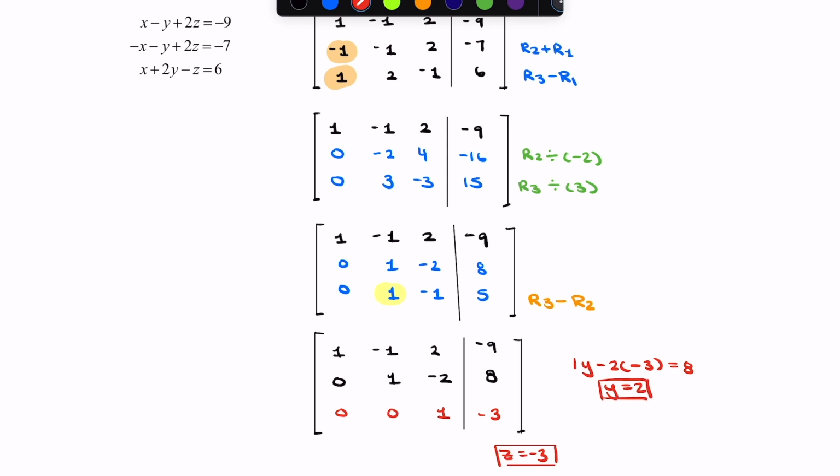Then subbing everything into our first equation, x minus 2 plus 2 times -3 will be equal to -9, subbing in the values of y and z. So here x will be equal to -1. Therefore, our point of intersection will be -1, 2, and -3.